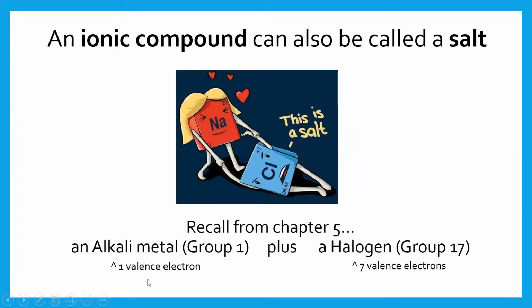Group 1 metals, the alkali metals, have 1 valence electron to give, and the halogens in group 17 have 7 valence electrons, and they need 1 more. It's a very easy exchange, and that's why they bond very easily, and we call it salt. So sodium, as we just said, gives to chlorine, and sodium and chlorine form sodium chloride, table salt.